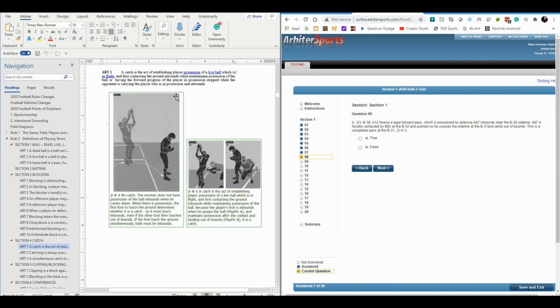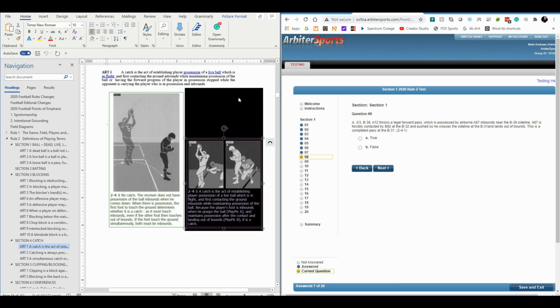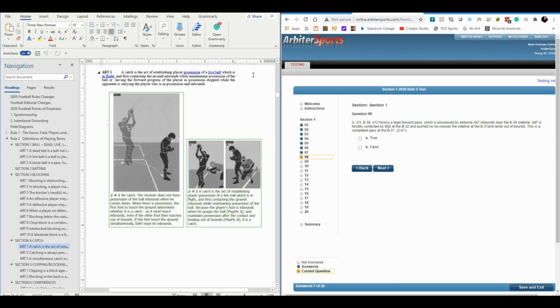Okay, so this, I kind of hate this rule. It says, or having forward progress of the player in possession stopped while the opponent is carrying the player who is in possession and inbounds. This hardly ever happens. And what they're describing is a receiver who's airborne and a defensive player literally catches him in the air and then runs with him till he's out of bounds.